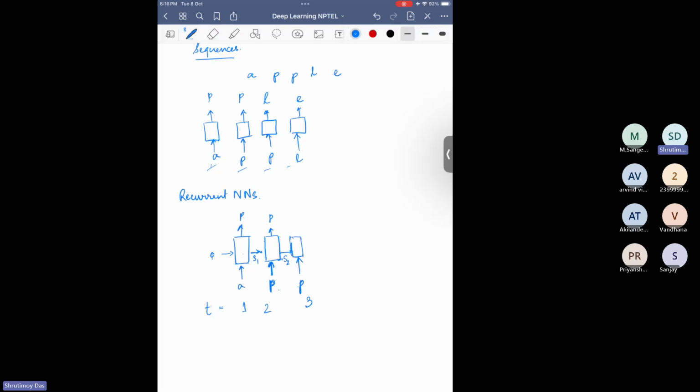That type of information is shared via this state vector S2. When it looks at state S1 and input P, it knows that it has to output P. Now, when it looks at P and the state S2, it knows that okay, this is the second P that you're looking at. So now we don't need to output P, we need to output L. And then it will pass some state called S3. It will look at L and it will output E.